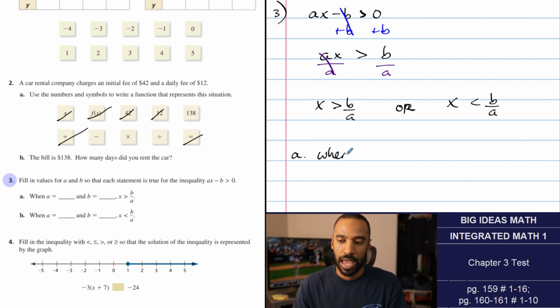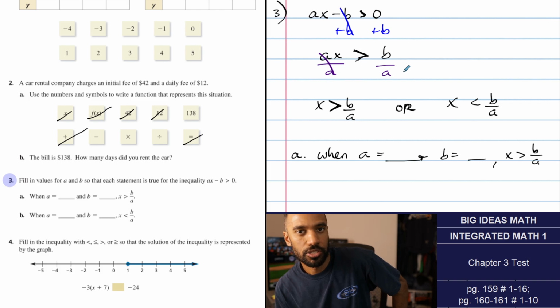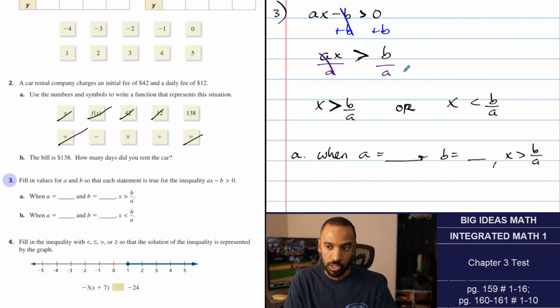So when a equals and b equals this, then x is greater than b over a. What would keep this as greater than in this case? To stay as greater than, a would have to be a positive number. Now, a is not allowed to be 0, period, because you can't divide by 0.